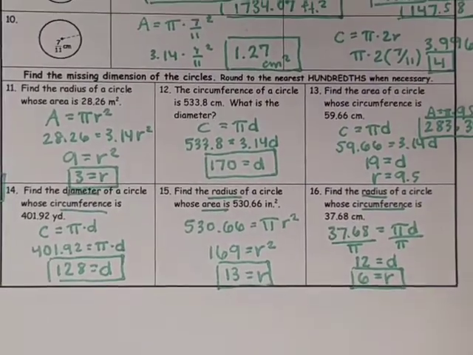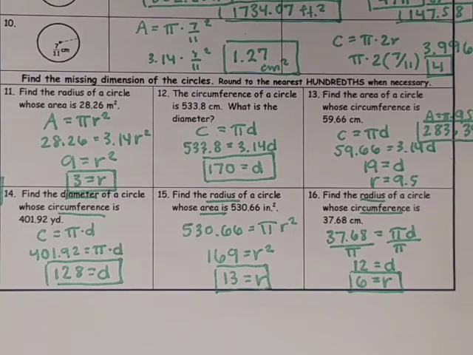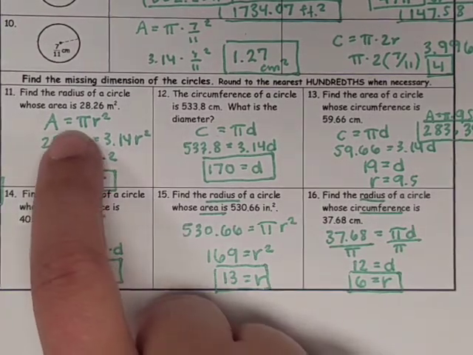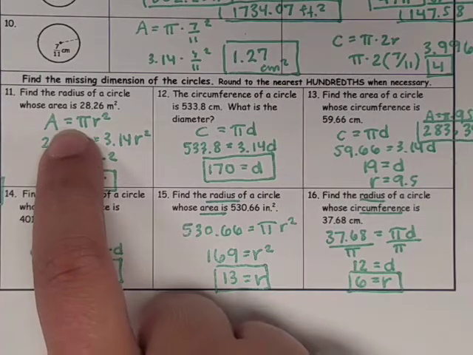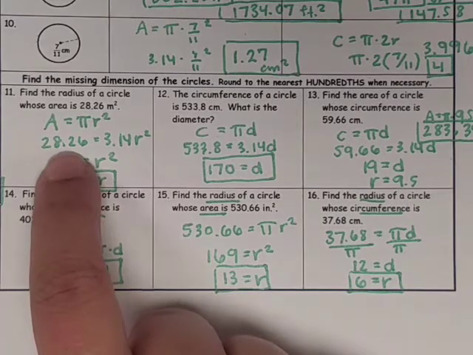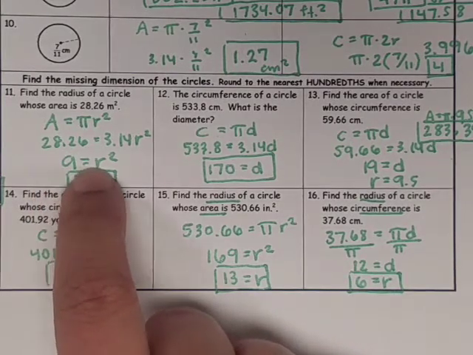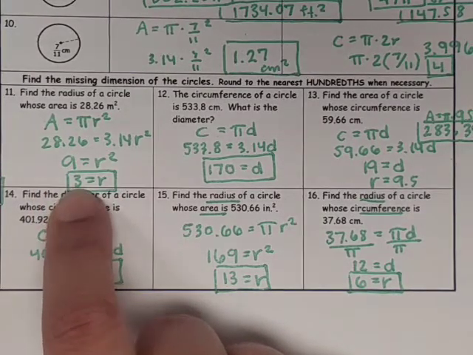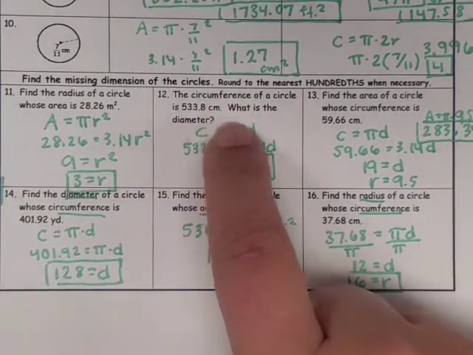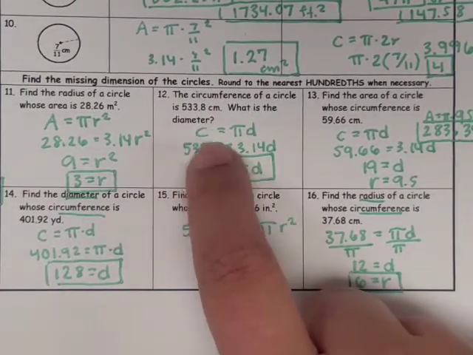All right, and then the 6 down at the bottom, number 11 through 16, these are where you were finding the missing dimension. So they asked for radius, and they gave me area, so I used this formula. I divided both sides by 3.14, and I got 9, and what squared gives you 9? 3.